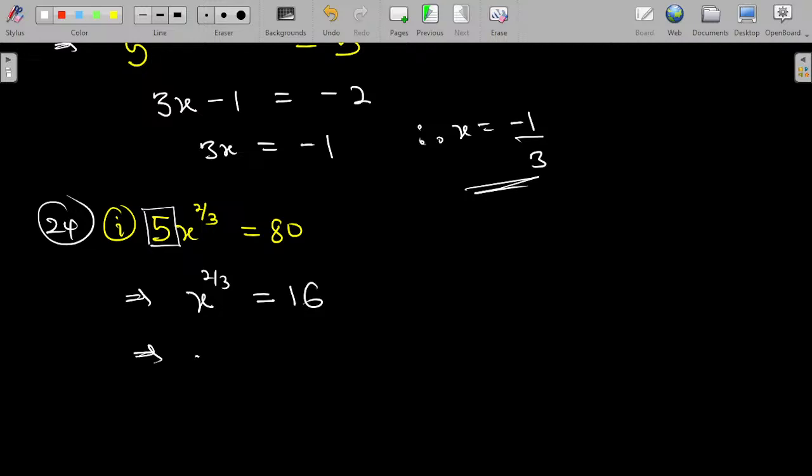This is 2 over 3. If I raise it to the power half, the half will multiply the existing power. And if I raise 16 to the power of half, that's the square root. So this is going to give me the half here, which will remove these 2. So you just have x to the power of 1 over 3 is equal to the square root of 16, which is 4.